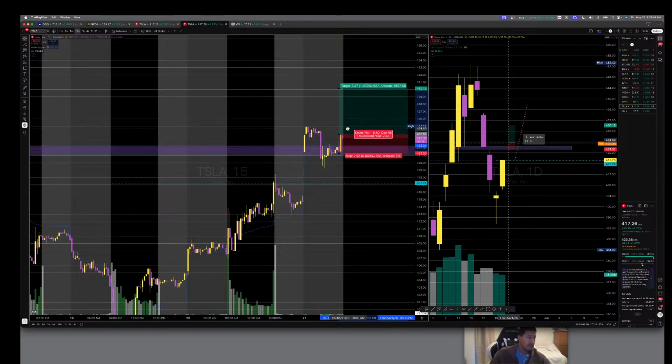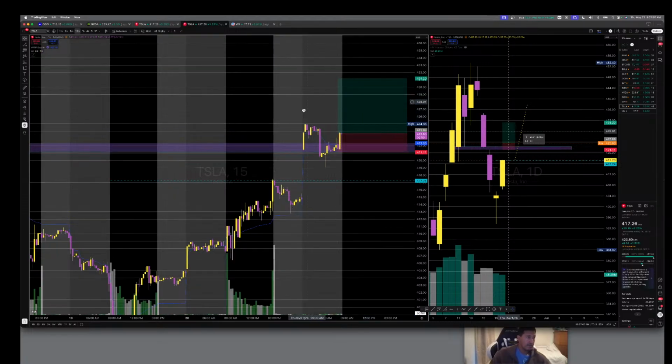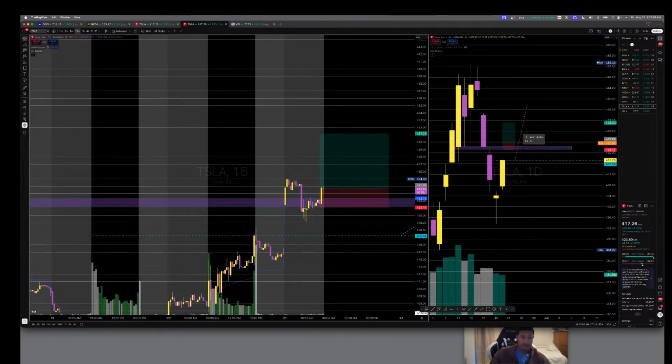This last 15-minute candle, and then just grab that, you know. So let me just have Tesla there. Stop range 3.